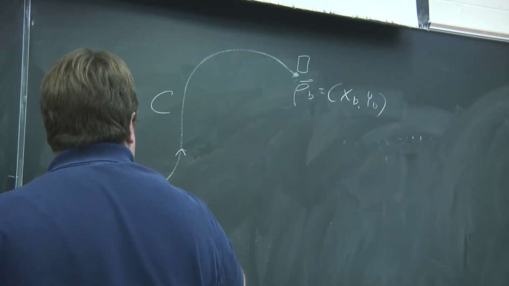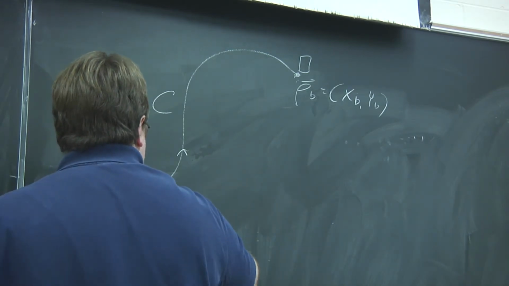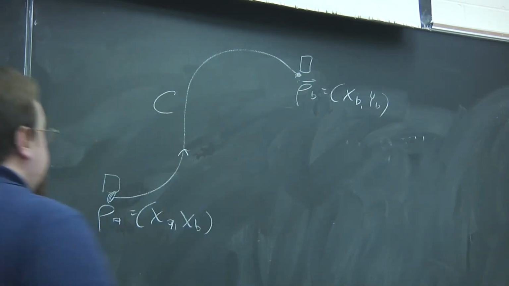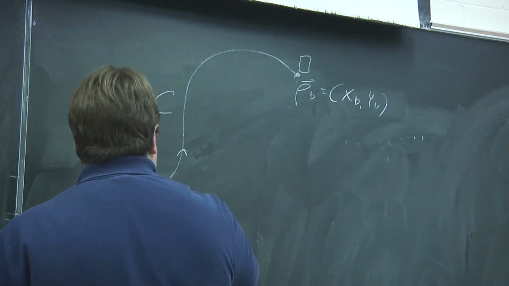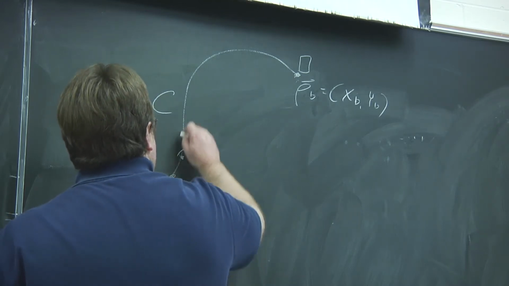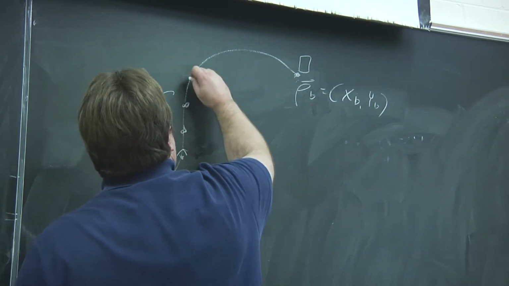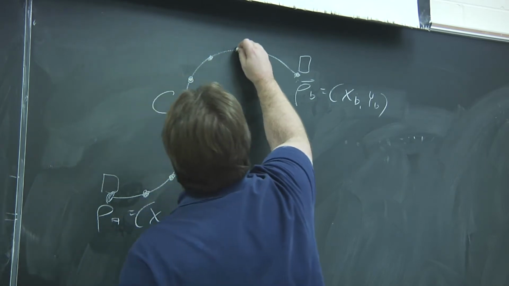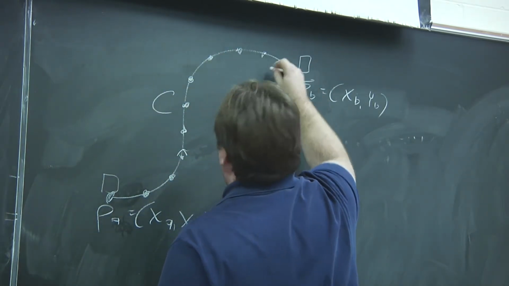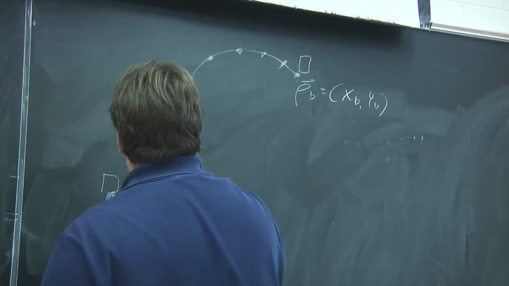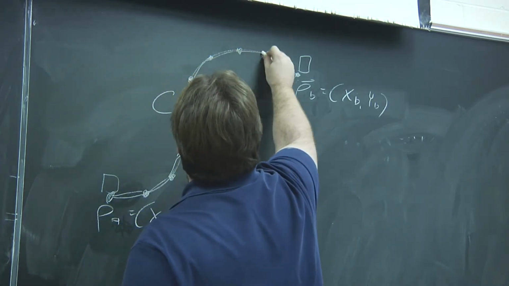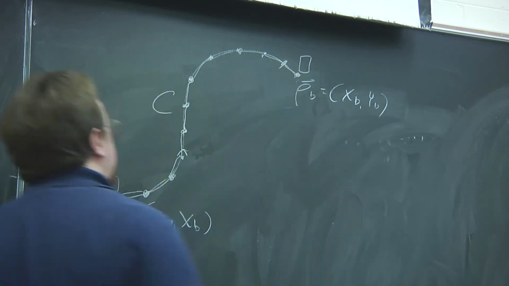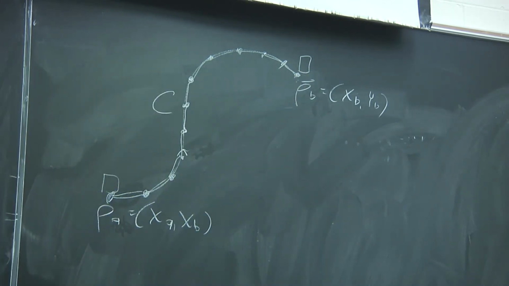So XA, YA to start, XB, YB at finish. Okay. So, similar idea to what we did here. You can cut up the curve into smaller curves, and you can approximate the curve by several line segments. Of course, the more line segments you use, the more accurate your approximation will be.